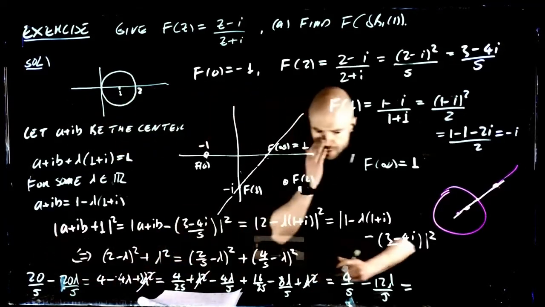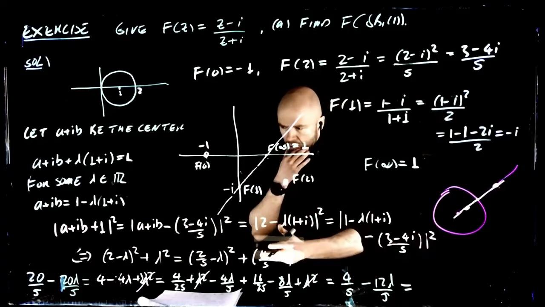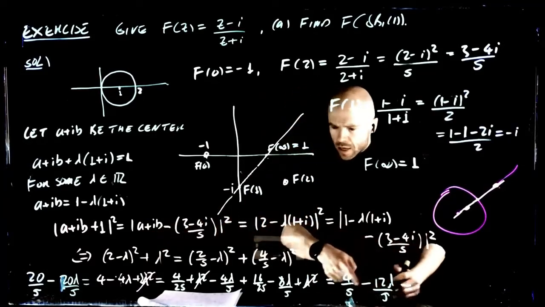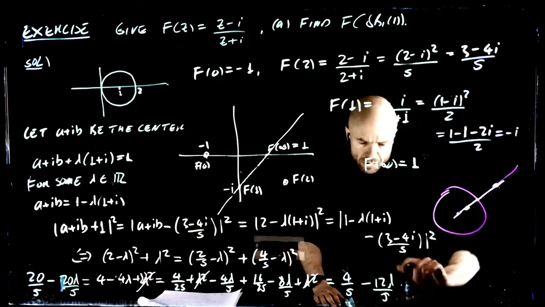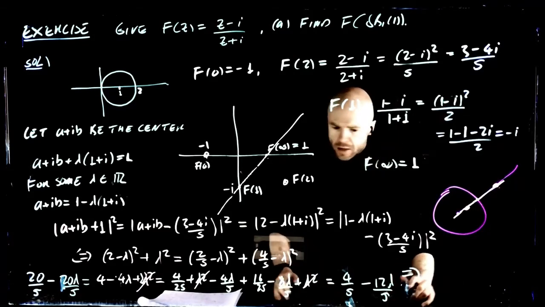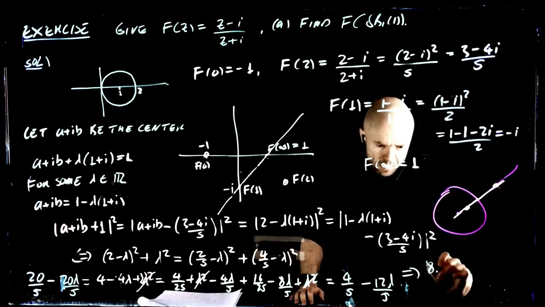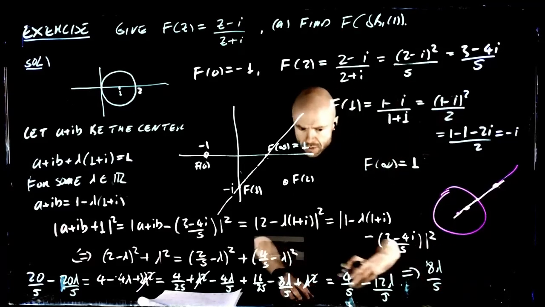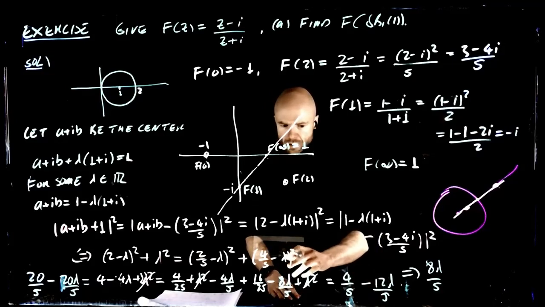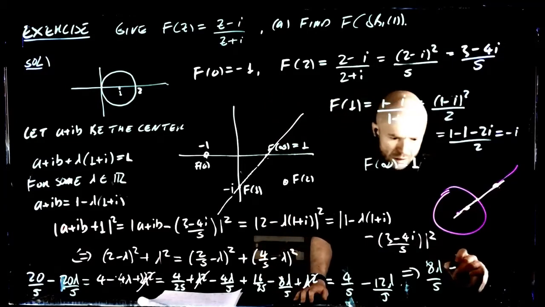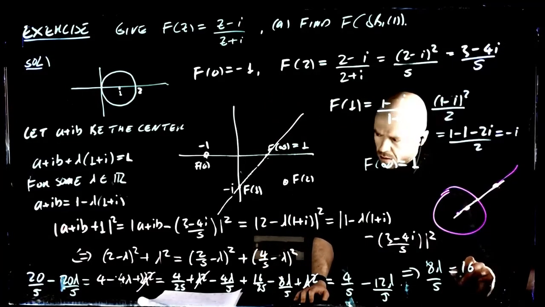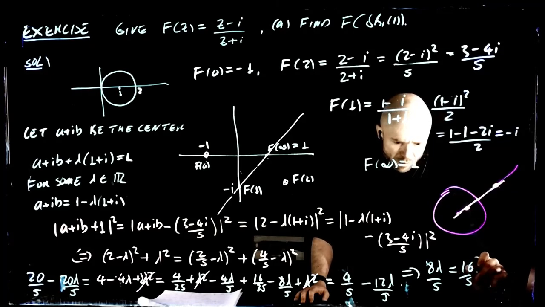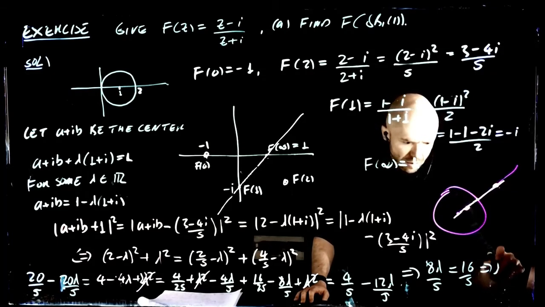Let's add this thing to that side. So then that implies that we have 8 lambda over 5. And then putting the other stuff on the other side is equal to 16/5, which implies that lambda is equal to 2.